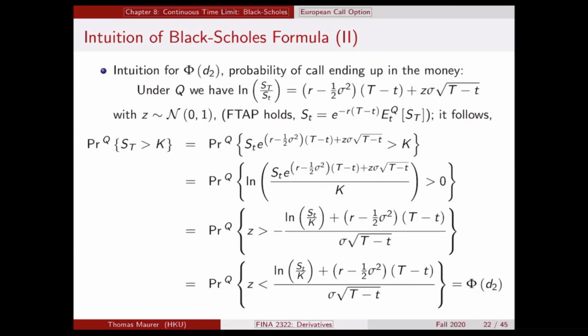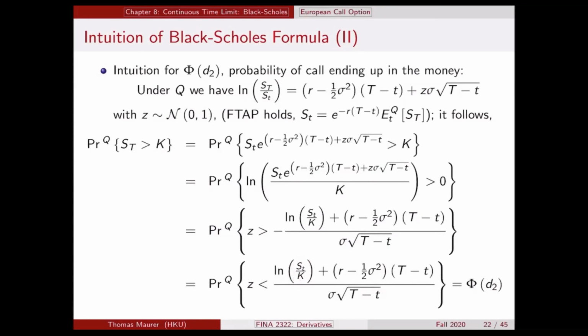So in other words, what does it measure? This is the probability of the standard normally distributed variable being smaller than this term over here. Basically, over here you have the term which determines how deep you're in or out of the money. And then this term over here tells you the expected change or growth of that asset S under that risk-neutral probability measure.